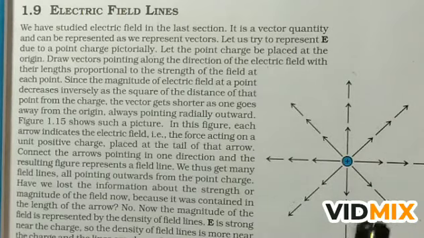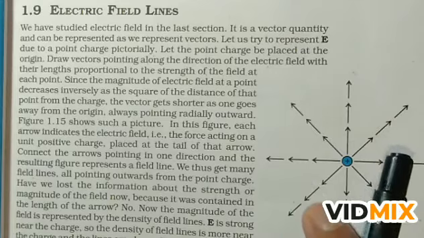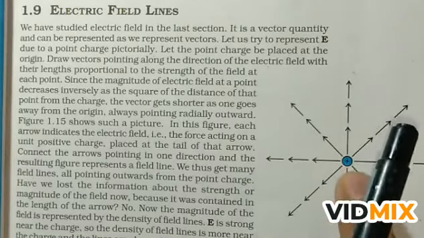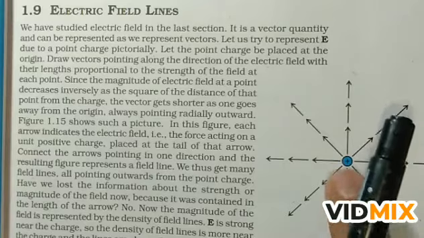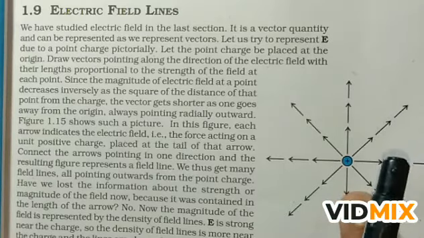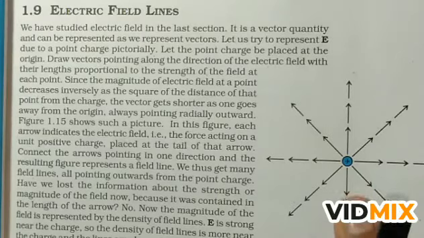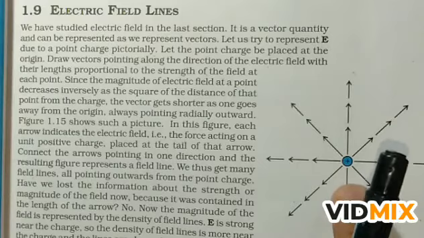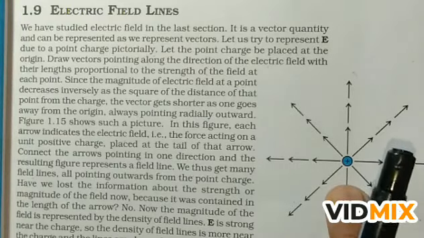But now how can we say that the magnitude of electric field is more here and less here? So the new term we are going to introduce here: the magnitude of electric field is represented by the density of field lines. E is strong near the charge where the lines of force are more. So the density of field lines is more near the charge and the lines are closer.